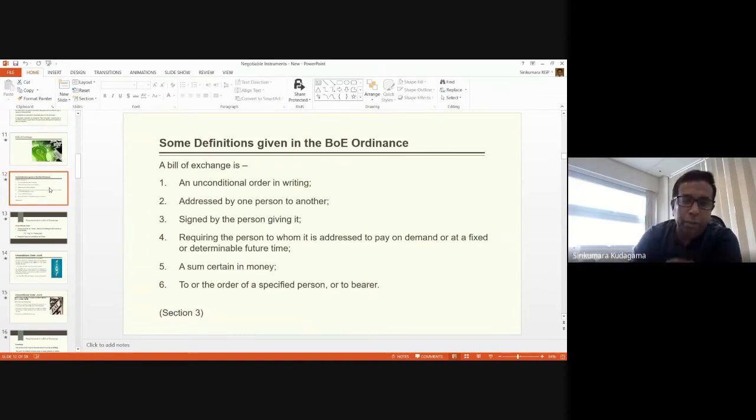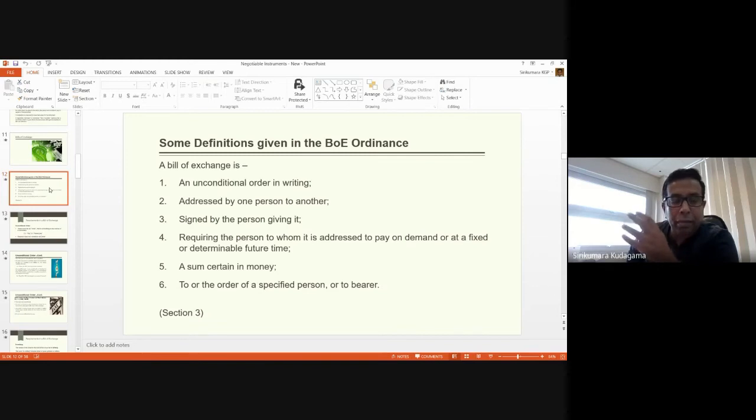That order may be an unconditional order in writing, addressed by one person to another, signed by the person giving it, requiring the person to whom it is addressed to pay on demand or at a fixed or determinable future time a sum certain in money. To whom has that to be paid? Number one, to a specified person. Number two, to the order of a specified person. Number three, to a bearer.